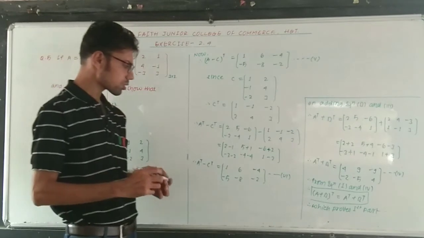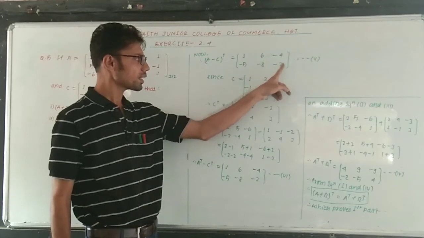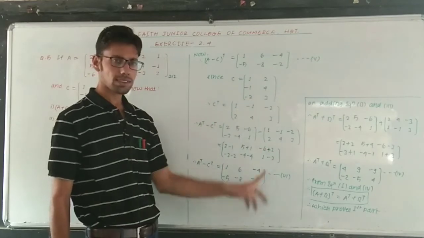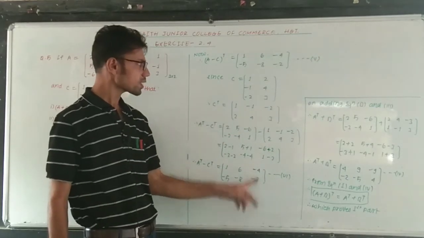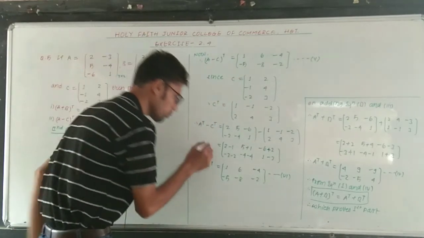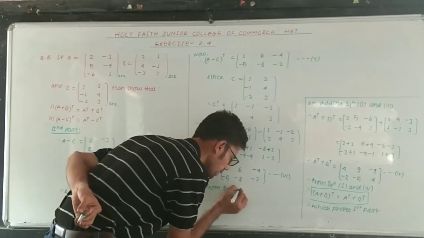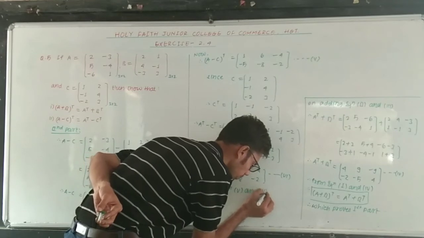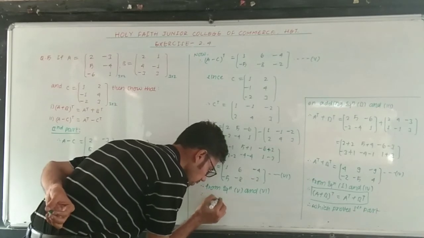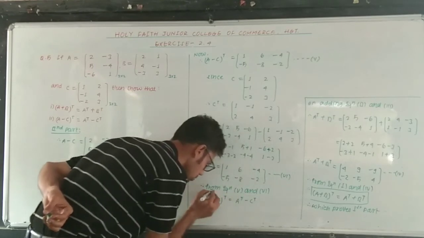Now match the values. 1, 6, minus 4, minus 5, minus 8, minus 2 on both sides. The RHS of both equations are the same, and if the RHS of both equations are the same, then we can equate the LHS. From equations 5 and 6, therefore, the transpose of A minus C is equal to A transpose minus C transpose.